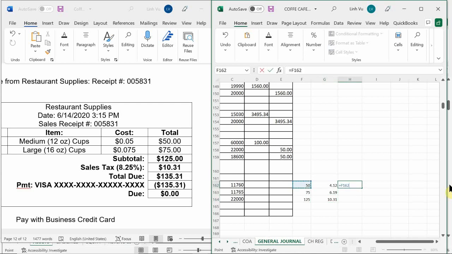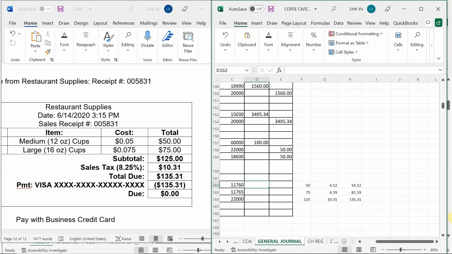So there you go, $10.31. So that means your total should be $54.12 plus $81.19. Okay, and that should give you your grand total of $135.31. So in this case, we had to do that calculation and figure out where our penny would go.